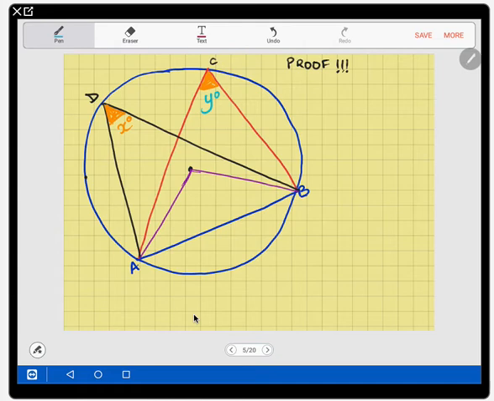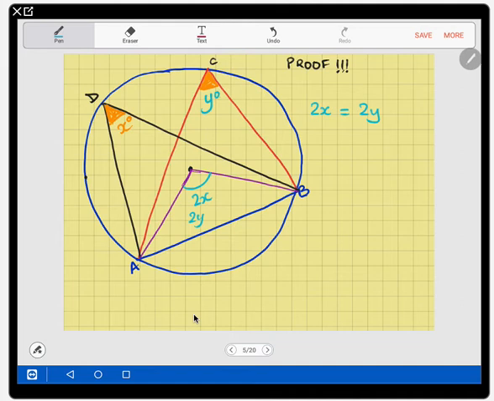Okay, so we learned before that the angle at the center has to be twice the angle at the circumference. If this is x, then that will be 2x. And if this is y, it will be 2y. But this angle is the same for both of these angles, right? So 2x must be equal to 2y. Do you agree with me?